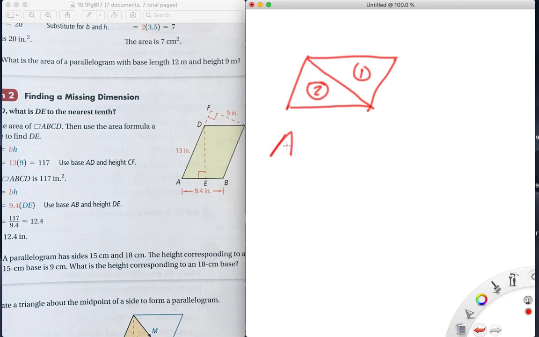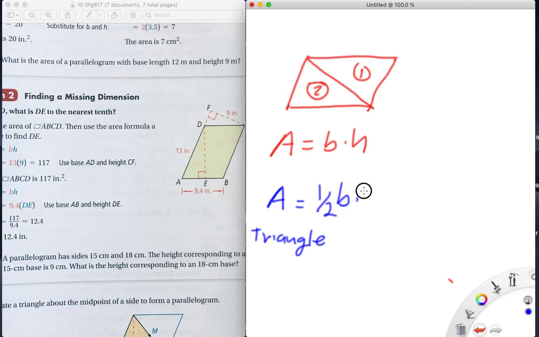So if we know that the area of a parallelogram is base times height, if I was to cut it in half to form the triangles, then I could say that the area of a triangle would be half of the area of a parallelogram.